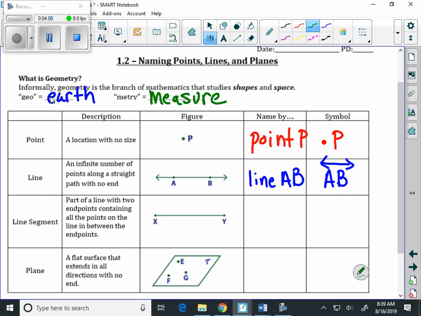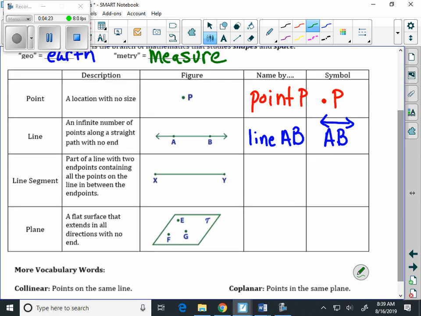Thirdly, a line segment. Well, a line segment is part of a line, and it's got 2 endpoints on it, in this case the X and the Y, and then it contains all the points in between there. And the way that we indicate a line segment is that we can say segment XY, not AB this time.